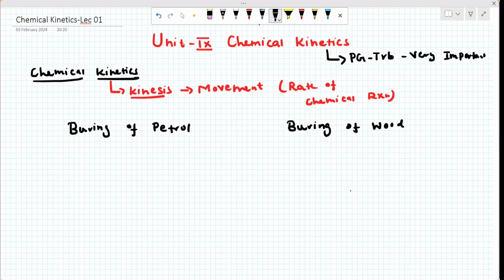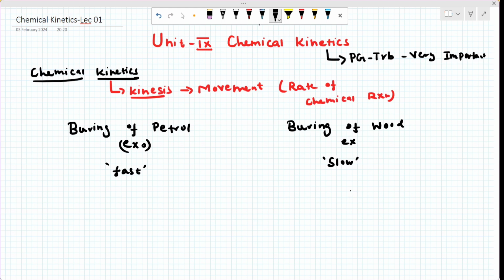Burning of petrol is a fast reaction. Burning of wood, compared to petrol, is a slow reaction. Yes or no? But both are exothermic reactions.